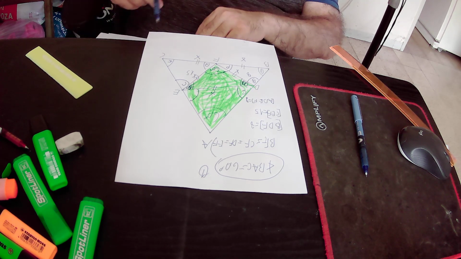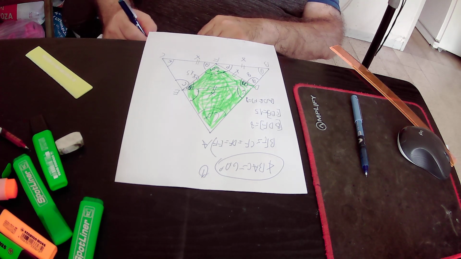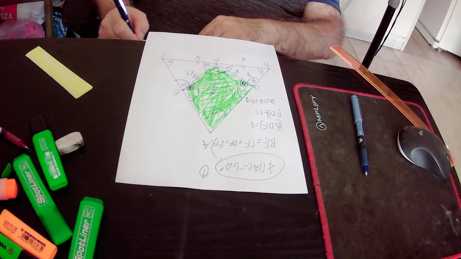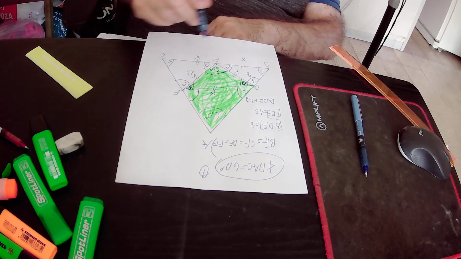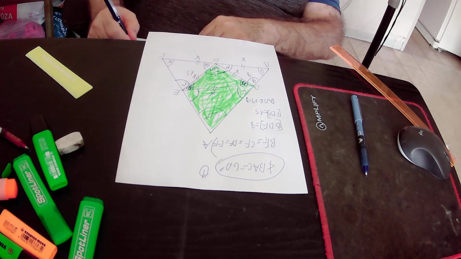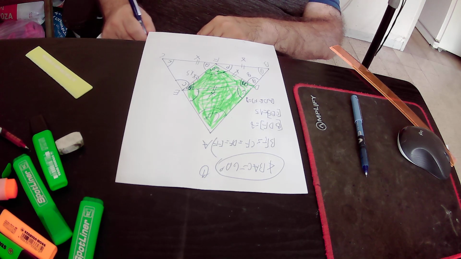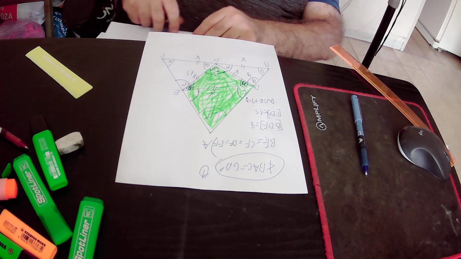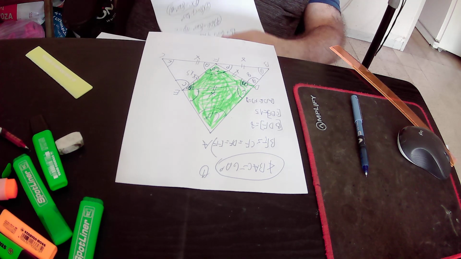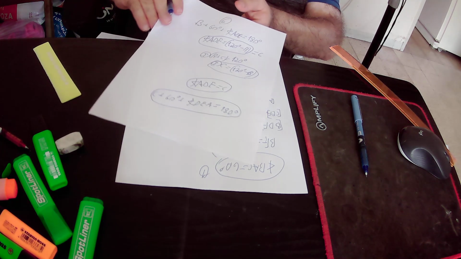Therefore, angle C plus 60 degrees plus angle DEA must be equal to 180 degrees according to rule number 3, that states that the sum of the angles on a straight line is equal to 180 degrees.